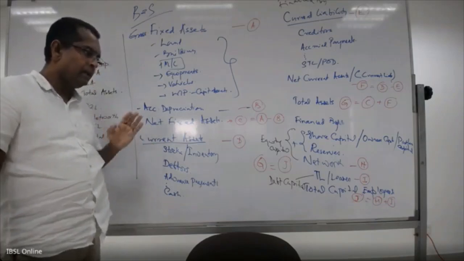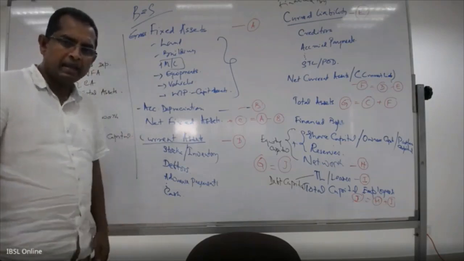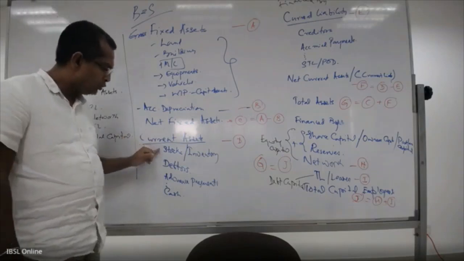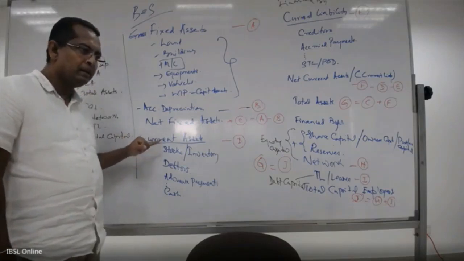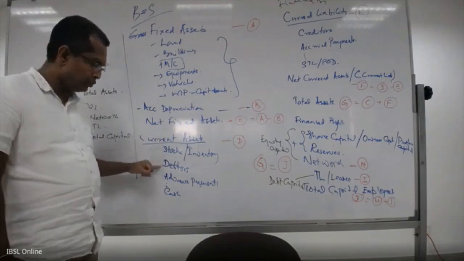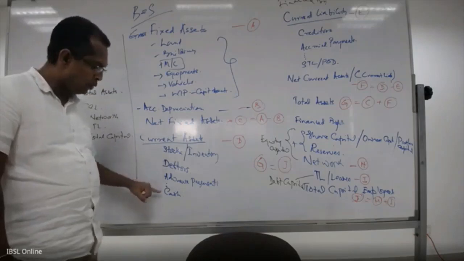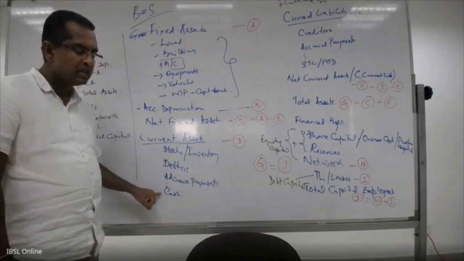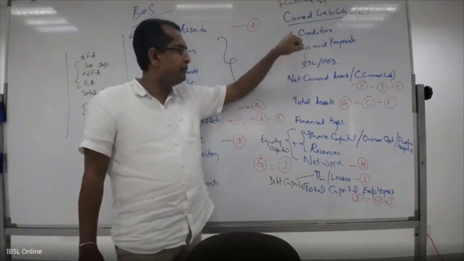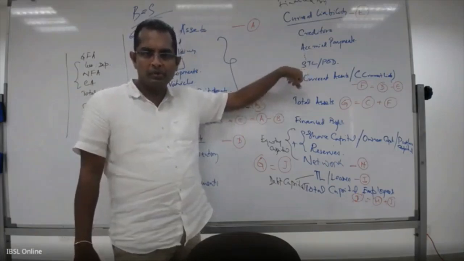That means you convert inventory to sales, you get debtors, you collect from debtors, and you get cash. When you have cash, you pay creditors, you settle short-term loans.